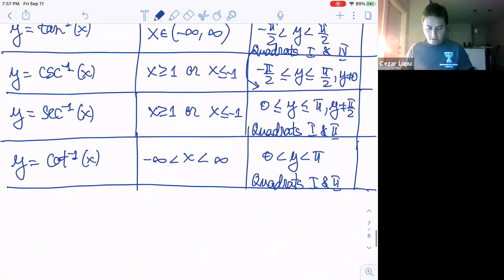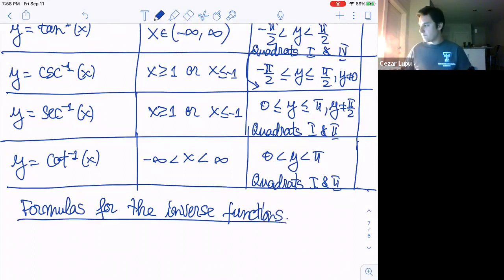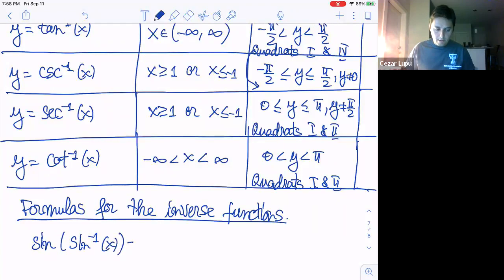And now let me just give you some formulas for the inverse functions. For example, if we apply sine of sine inverse of x, this will be nothing other than just x.